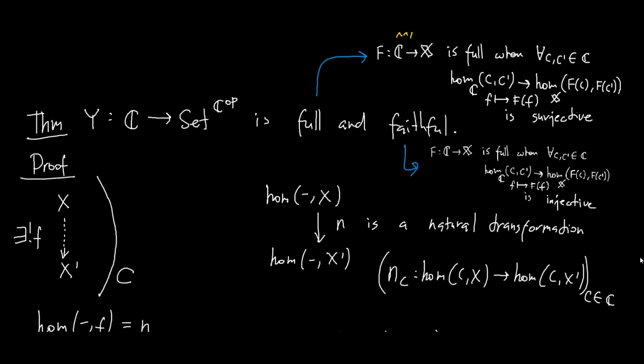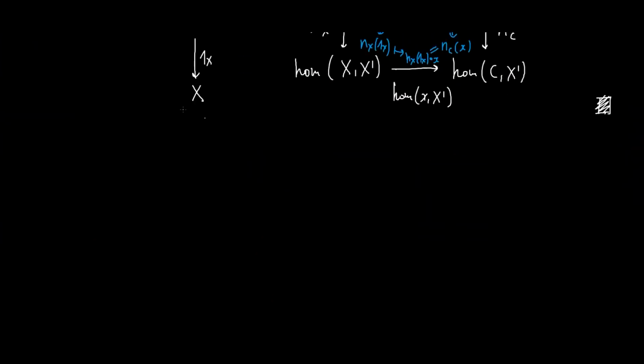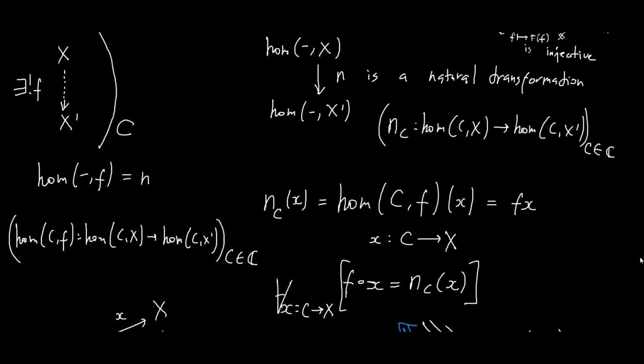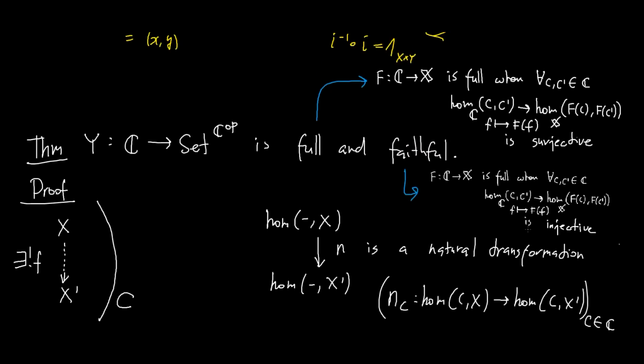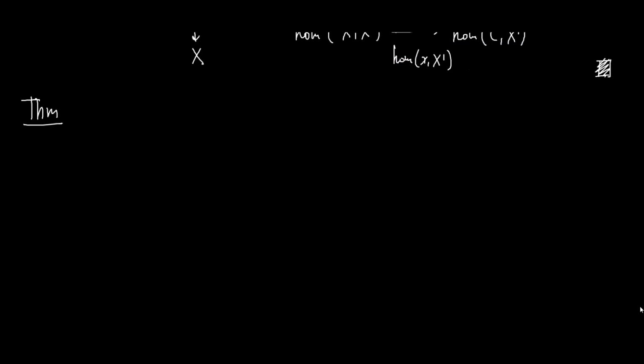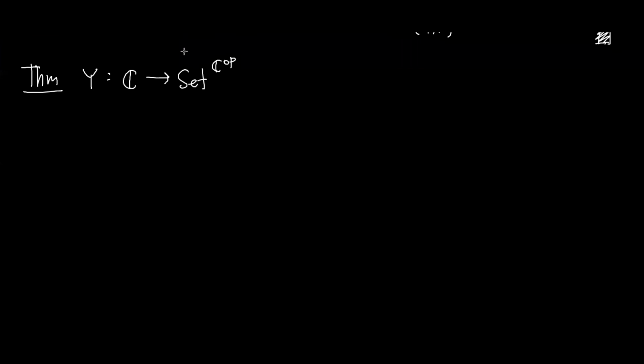So the Yoneda embedding is full and faithful. And the other very important property of the Yoneda embedding, which we only gave some intuition to, we didn't prove it, and we're not going to prove it today, is that this functor preserves and reflects limits. So what does that mean?